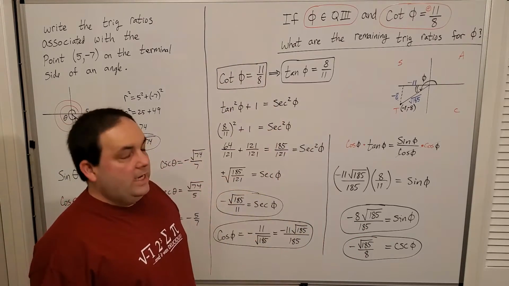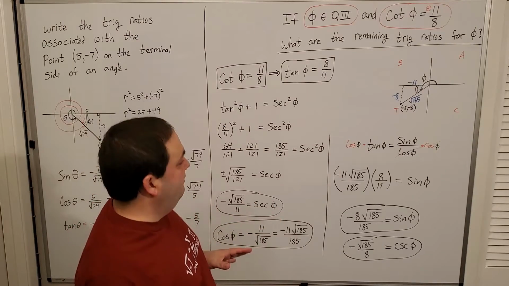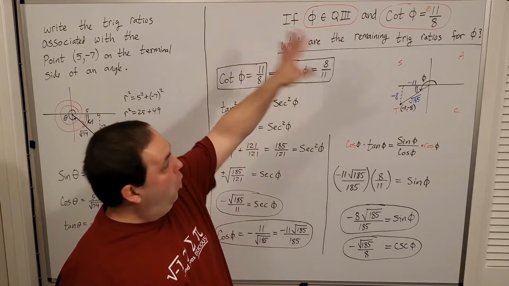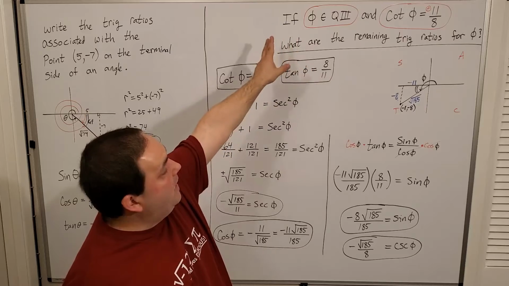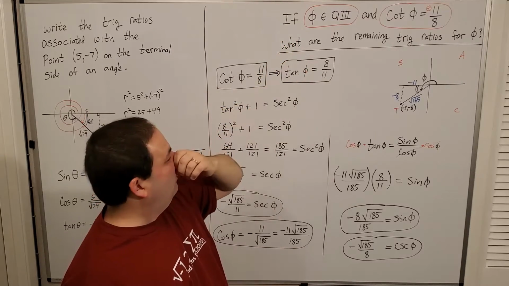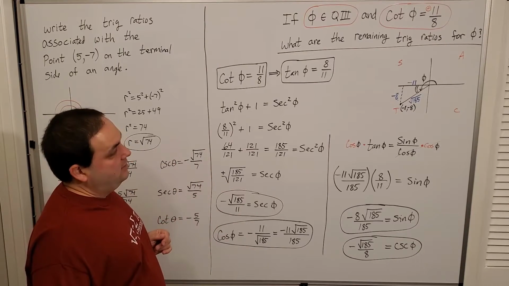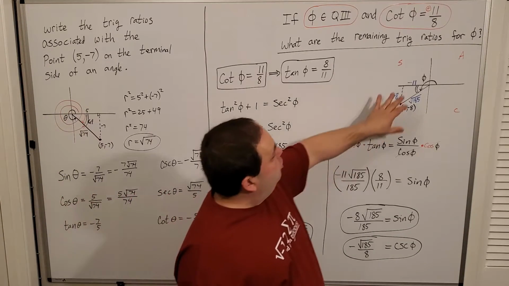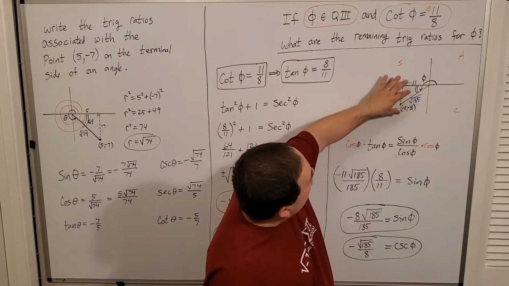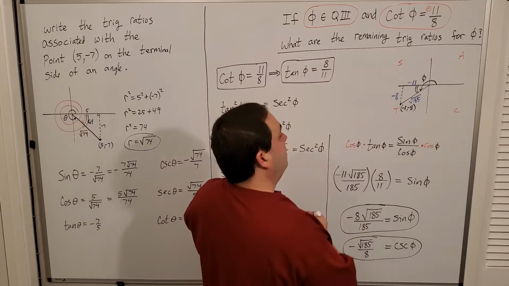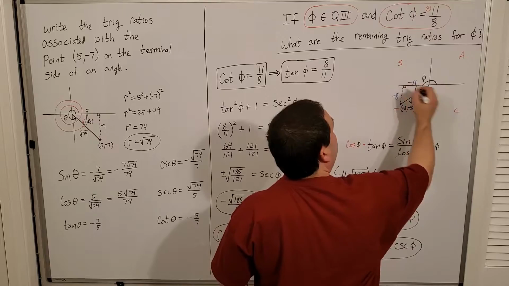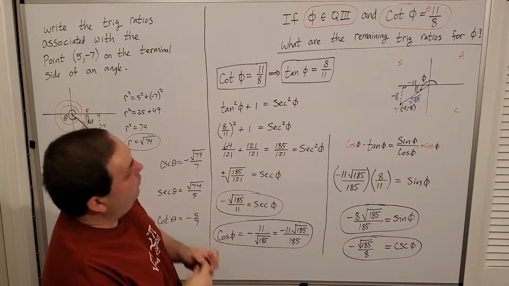So I can use the identities to find any of the trig values as long as I know one of the trig values and which quadrant we're talking about. Okay, you have to have those two pieces of information in order to fill out the rest. Also note that you could have done it this way by filling out a triangle, this should be a right triangle, feeding from the right triangle.